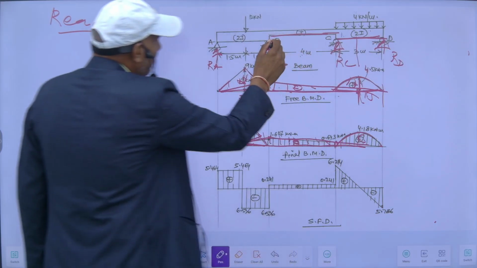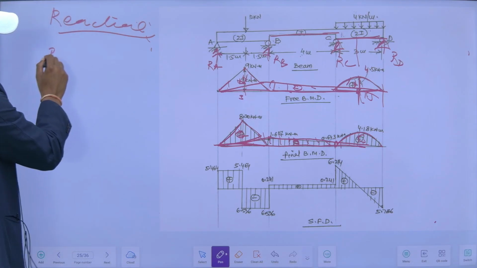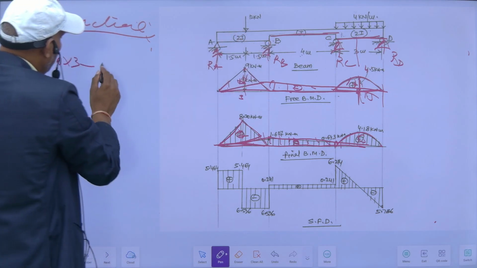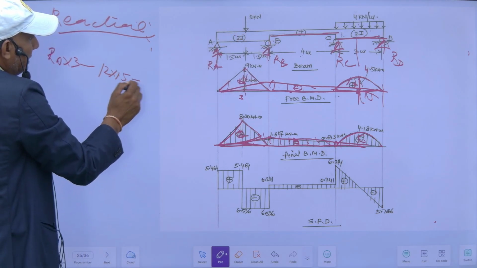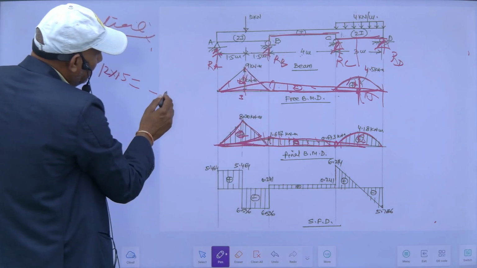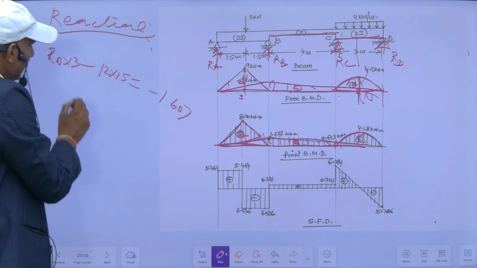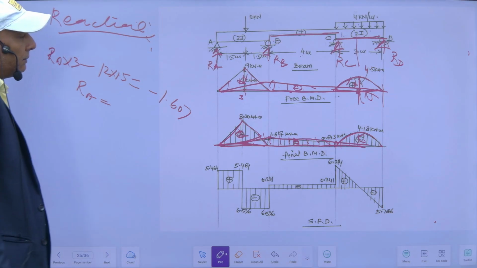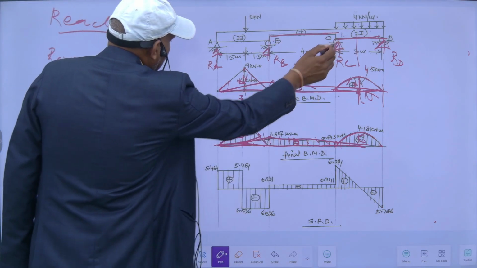Taking moment about B, it will be RA into 3 minus 12 into 1.5 is equal to MB, and MB is minus 1.607. With this I will calculate RA. Similarly, by taking moment about C, I can find RB.